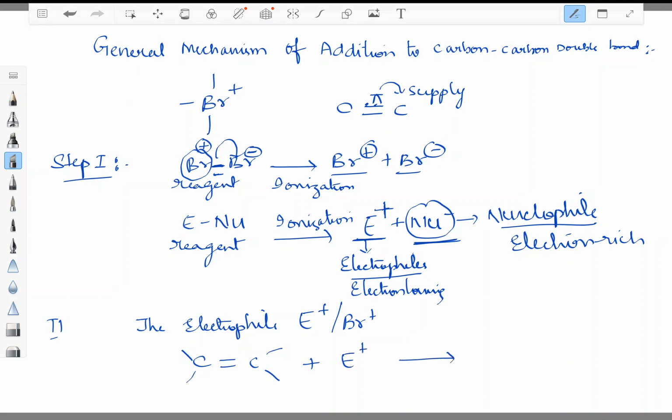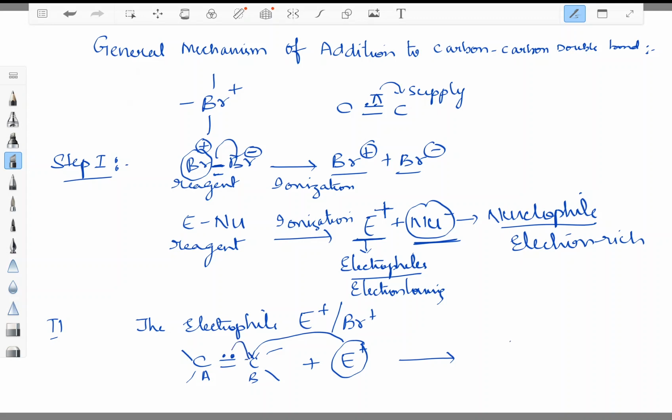This E plus can attack either this carbon or this carbon, which I am denoting as A or B. If this electrophile, E plus, attacks this carbon, it requires electrons to form a bond. Those electrons are supplied by the pi electrons, which shift here.